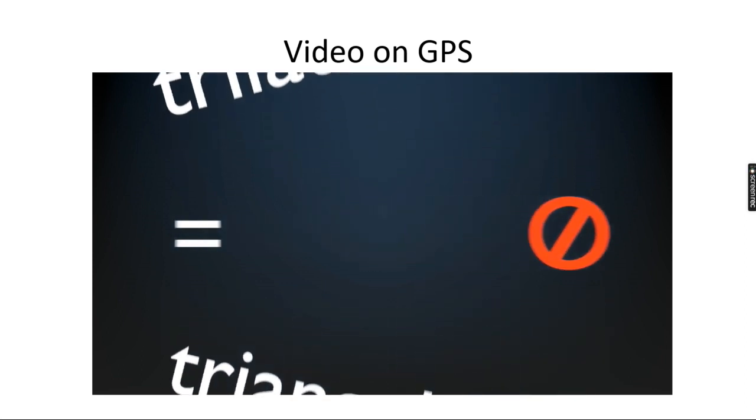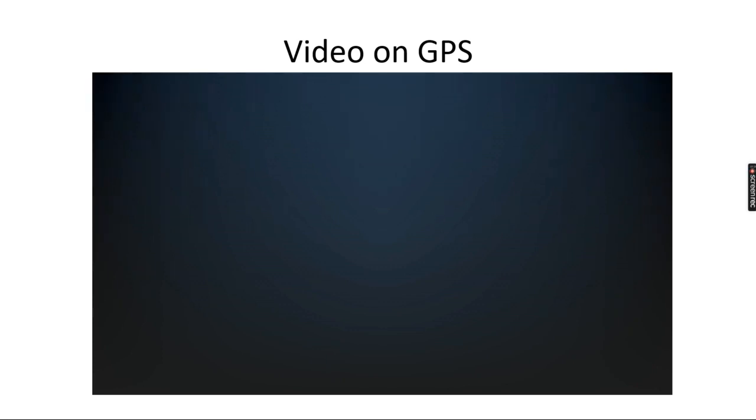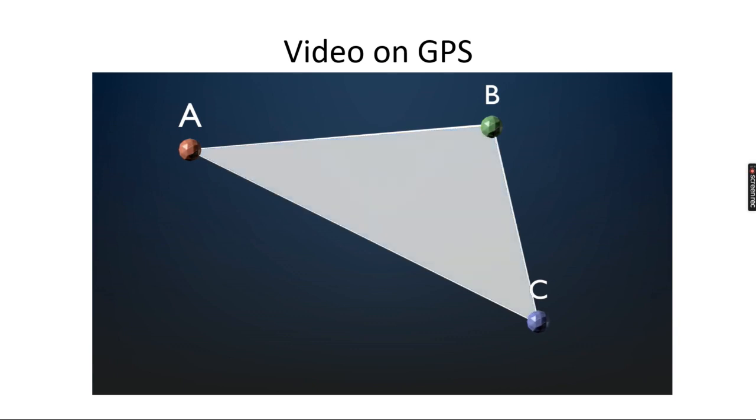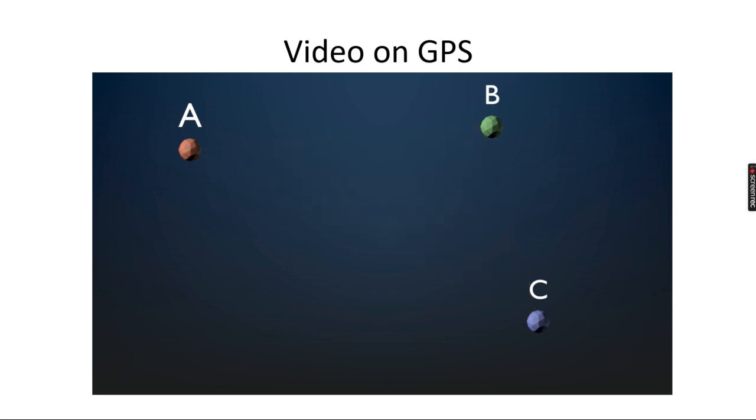I'll show you this using a simplified two-dimensional visualization. Let's say we have three transmitters, A, B, and C. They form a triangle. However, they will be able to locate an object not only inside of the triangle, but anywhere in their range. So let's start by measuring the distance to the satellite A.